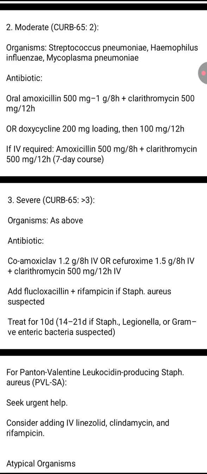Oral amoxicillin 500 mg to 1 gram 8 hourly, plus clarithromycin 500 mg 12 hourly, or doxycycline 200 mg loading, then 100 mg 12 hourly. That is for oral doxycycline.